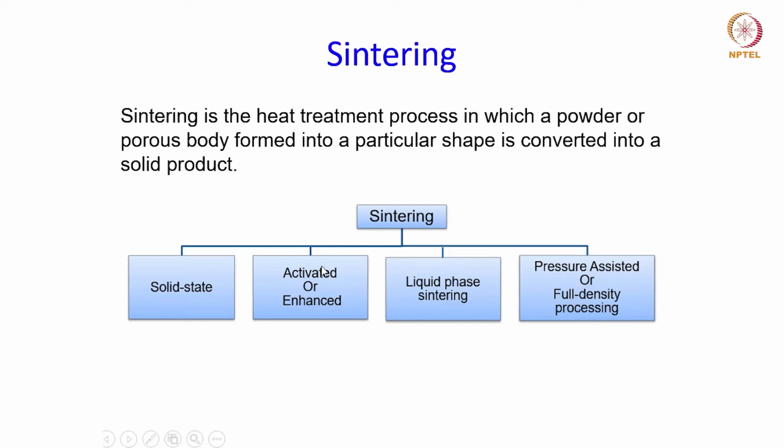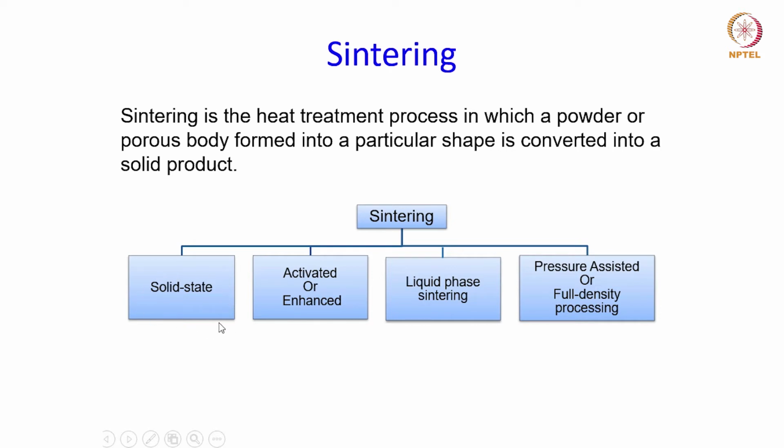Okay. So which method of sintering will be used primarily depends on the material which is to be sintered. For example, if you have a material which can be easily compacted and sintered, then the conventional solid state sintering itself will be enough.